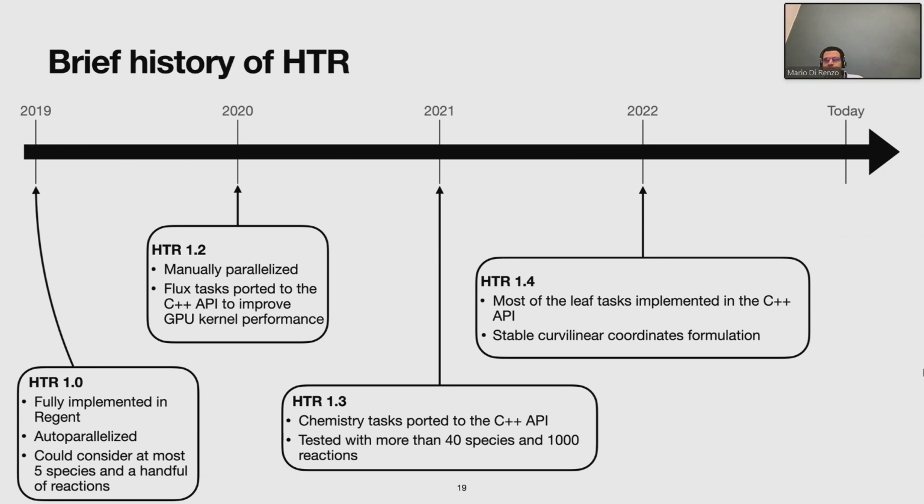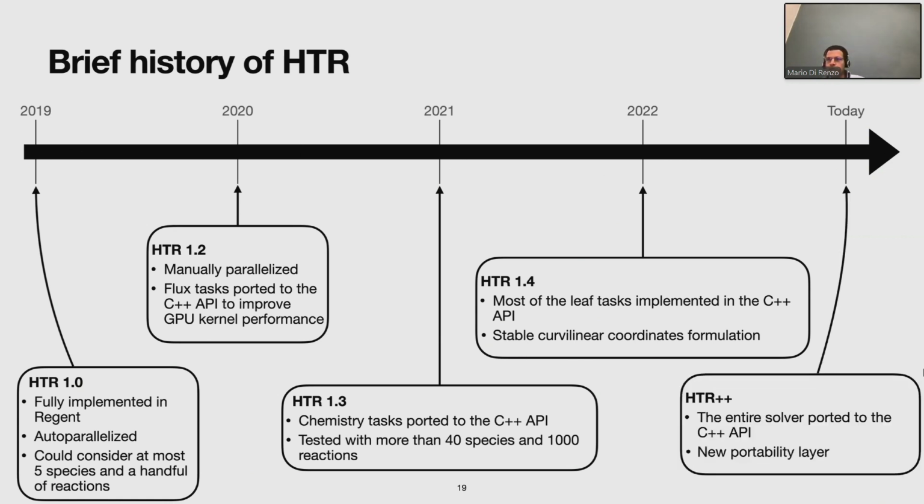After 2022, we realized that we had most of the code implemented in C++ with a few tasks in Regent, and that having the two elements in the same solver was creating more difficulties in the interface than simplifying our development process. Therefore, today we're moving HTR to a new version, which is called HTR++, which is entirely ported to the C++ API.